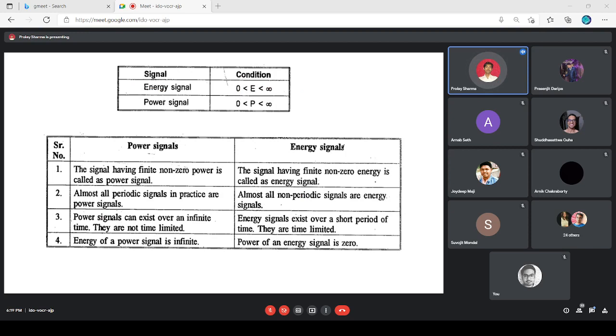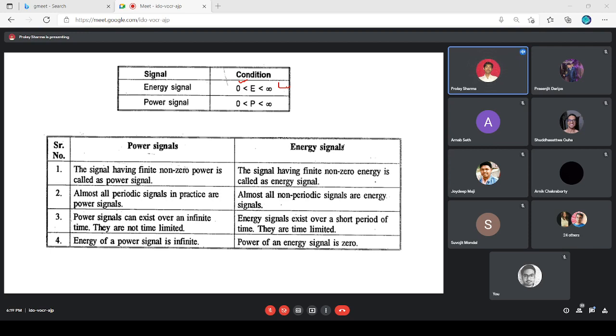Now this is the summarization of energy and power signal. For an energy signal the condition is that the energy will be a finite value, that is, the energy is greater than zero but less than infinity, and for a power signal the power is greater than zero but less than infinity. Now the differences between the power signal and the energy signal are listed here.